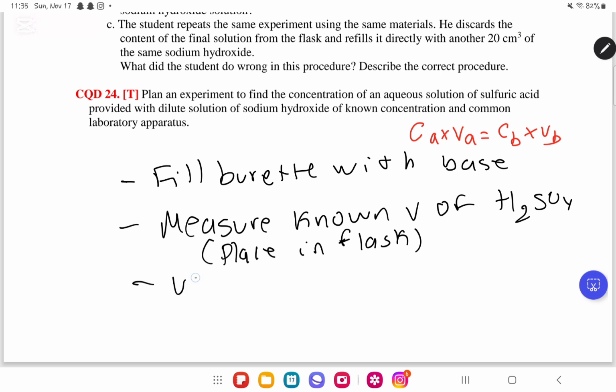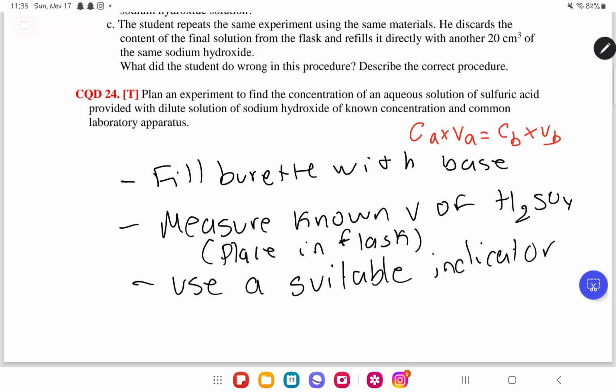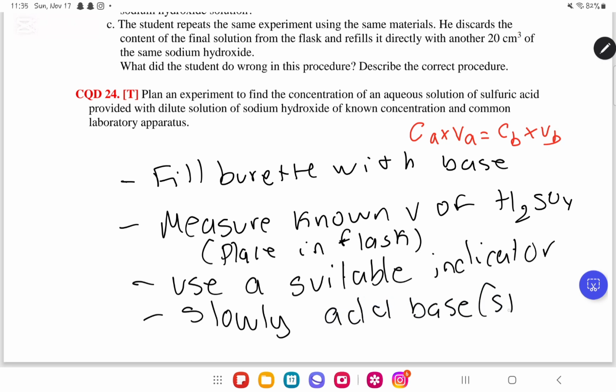After this, use a suitable indicator. Then slowly, but not too slowly, add the base while stirring. So don't forget stirring. Then record changes.